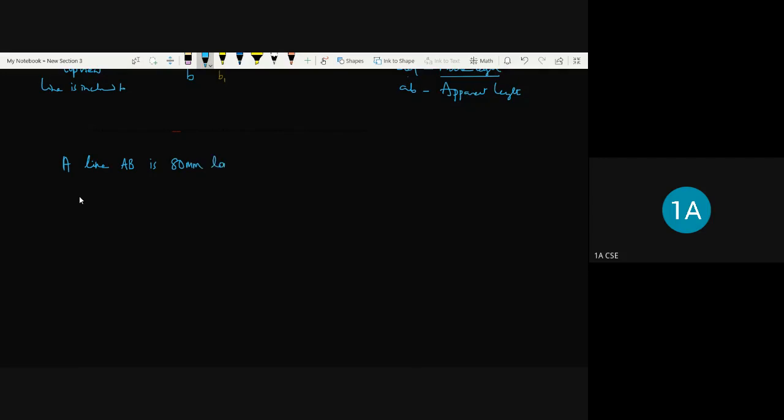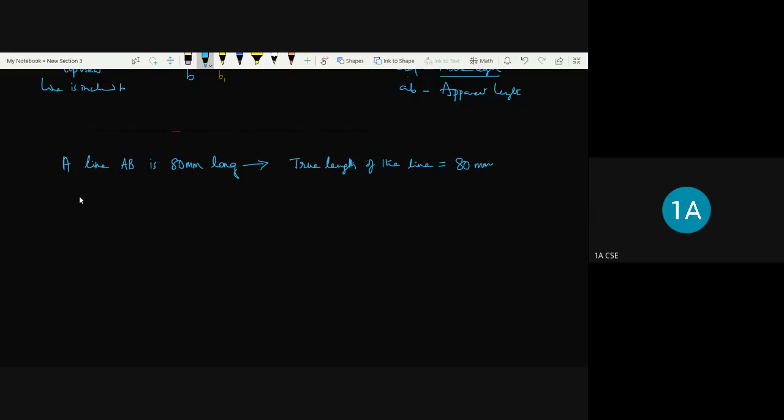What does it mean? Length of the line means the true length of the line is given. How much? It is 80 mm.